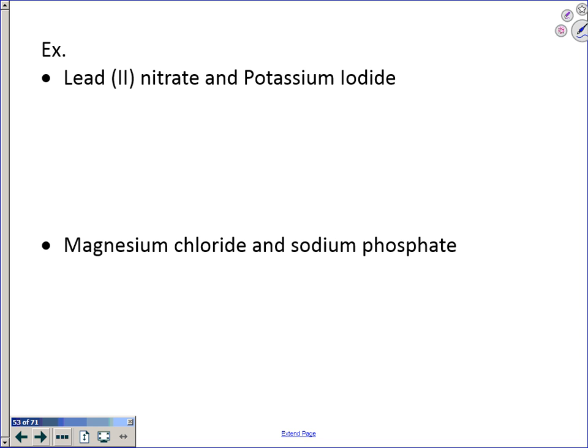If you have a periodic table, you might need it more. Go ahead and do the double replacement.